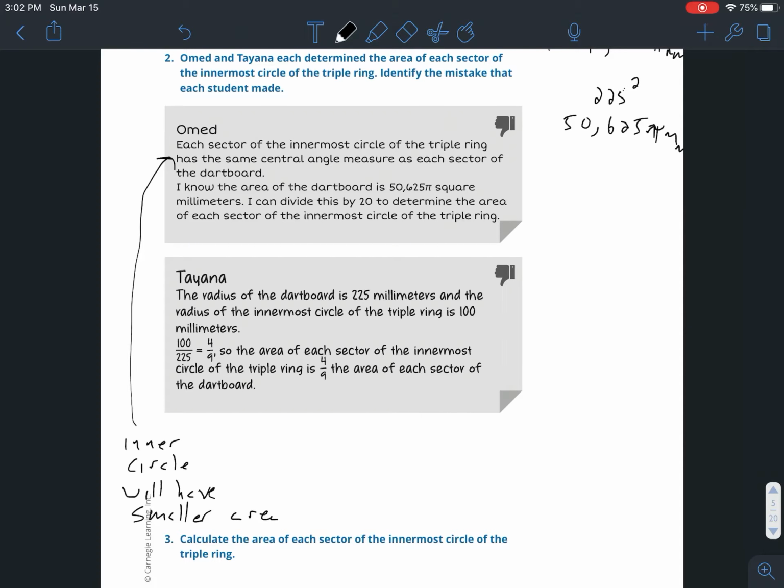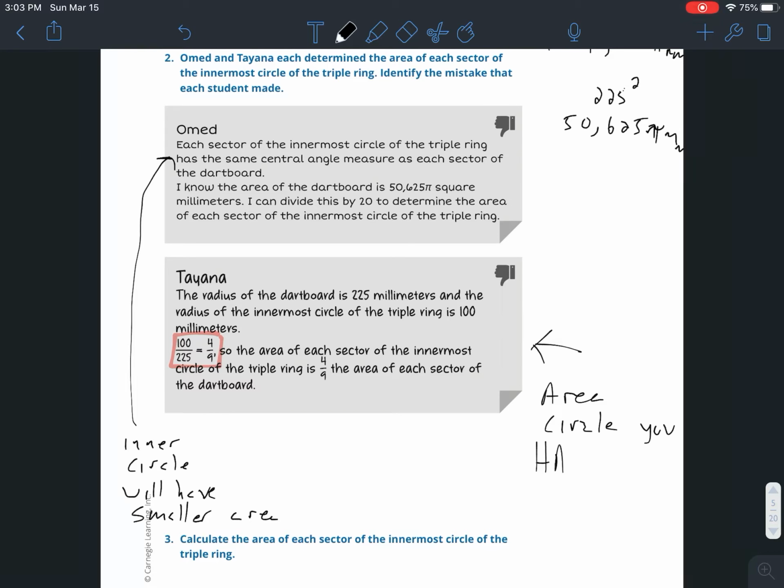If we look here, I'm going to highlight it so you see exactly where I'm talking about. Tanya forgot that to do the area of a circle, you have to square the radius.